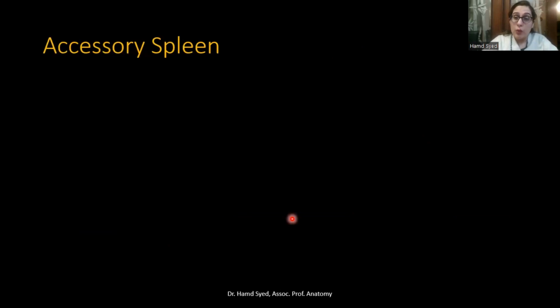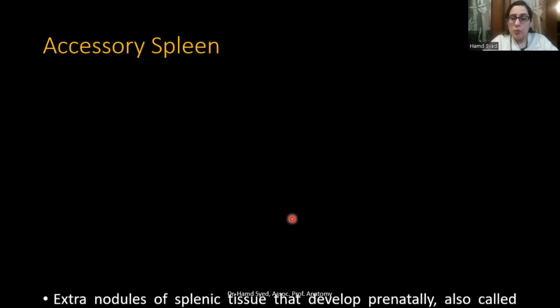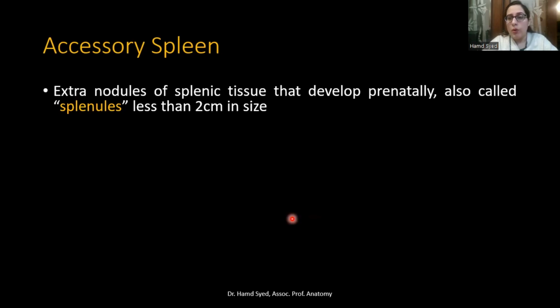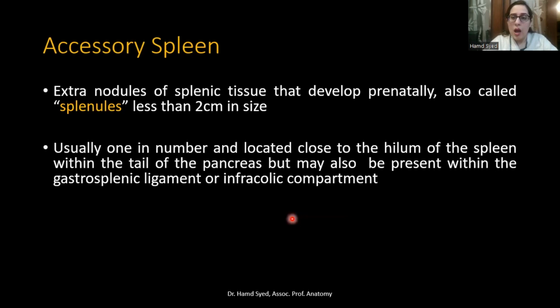In the last, I would like to discuss the accessory spleen. So it is a normal anatomical variant. There might be an extra spleen, but this is normally asymptomatic. Smaller splenic tissues are known as splenunculi. They are less than 2 centimeters in size, and they're usually just about 1 or 2 in number, lying close to the hilum of the spleen within the tail of the pancreas.